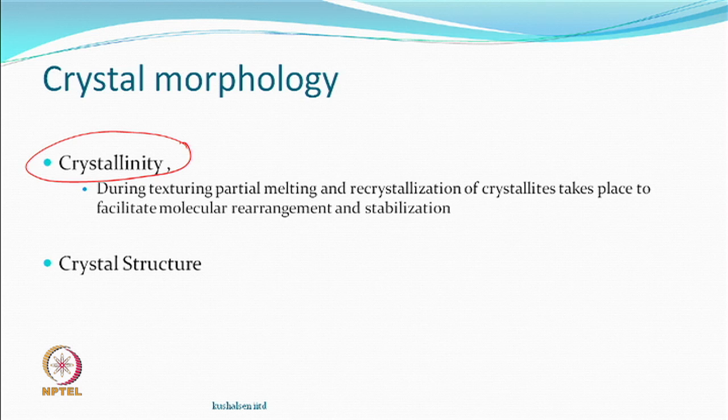Then this also has something called a crystal structure. Some fibers are very simple, like polyester. They have only one type of crystal; whenever they crystallize, it is only in one form. But there are fibers like nylon, which have at least two forms.